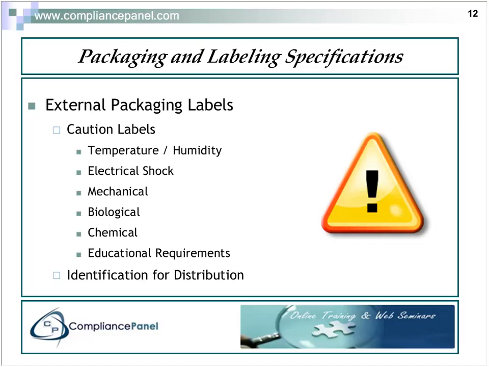I found it much easier in my experience to just write an outline for yourself for each type of device that your organization manufactures, based on these requirements: what documents do I need to have as part of my device master record, so that you have kind of a checklist to go by.